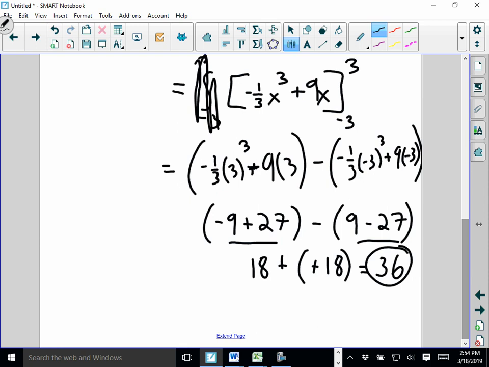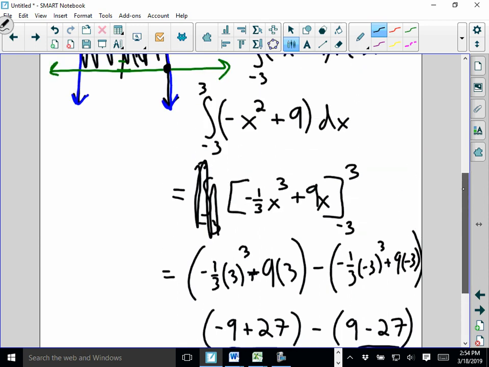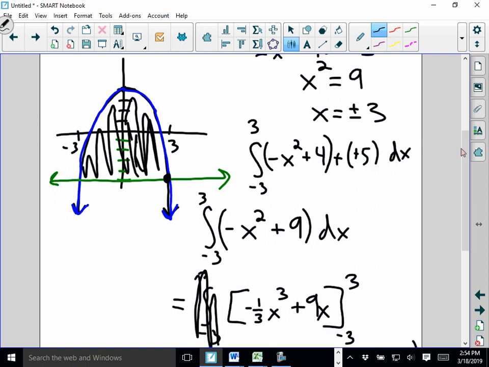But here's what I want you to look at to make this a little bit easier. These two shaded pieces, right? This blue function here is symmetrical about the y-axis.